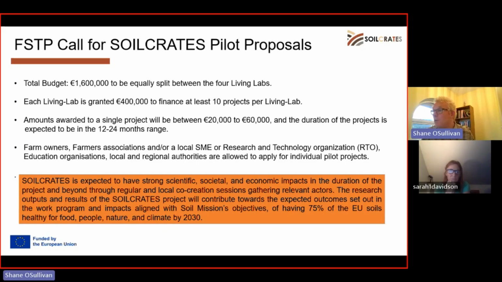Furthermore, it's also important to note who can actually apply for these grants. They include farm owners, farm associations, a local SME, a small company. It can be a research or technological organization, for instance, an organization which engages in providing research advice, agricultural consultancy, and so forth. Educational organizations, such as schools, universities, agricultural colleges.